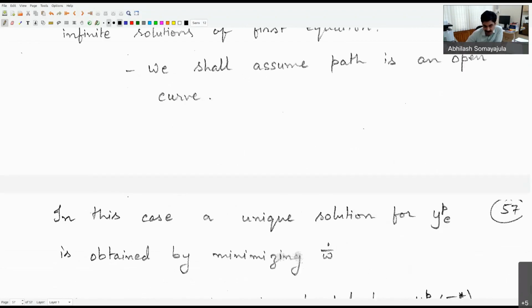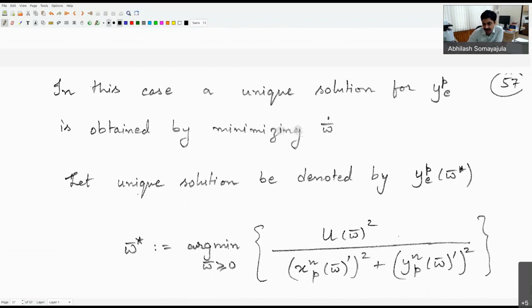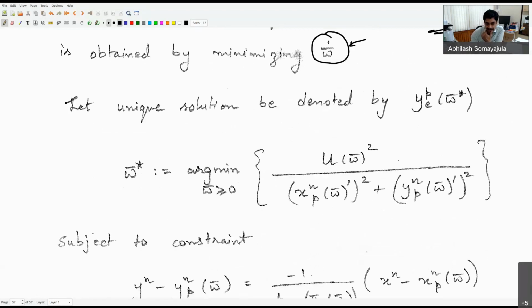Now the idea is, when it is an open path, a unique solution for YPE, or the cross-track error, is obtained by minimizing omega bar dot. It can be shown mathematically, and we are not going to prove that in this course right now, that we can find a unique solution for YPE for an open curve by minimizing this value of omega bar dot.